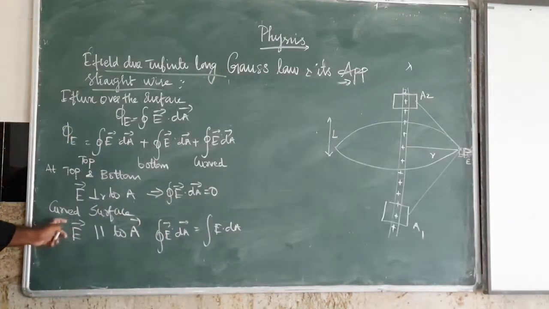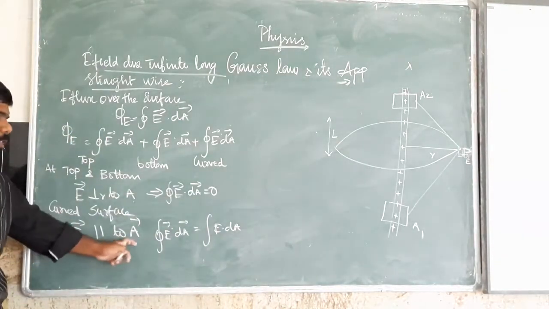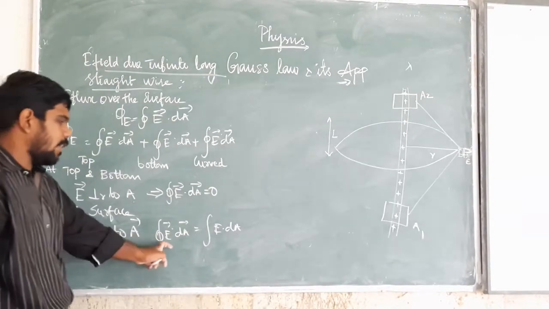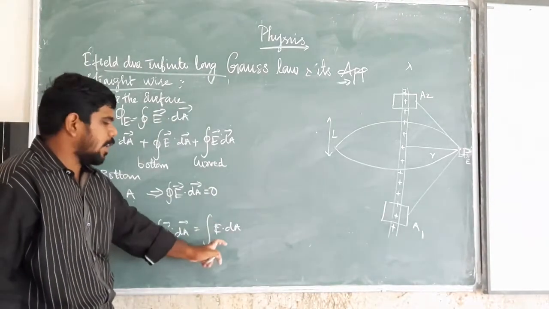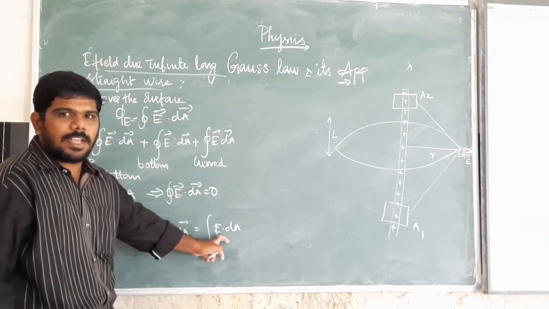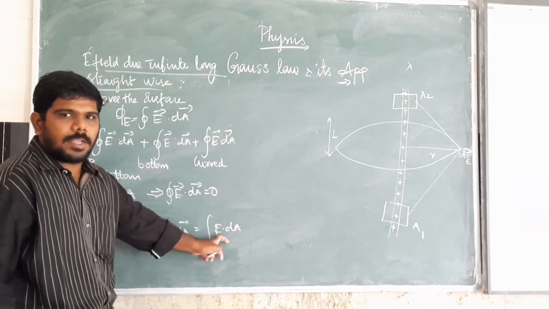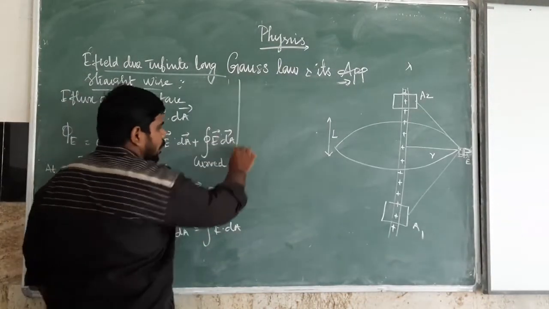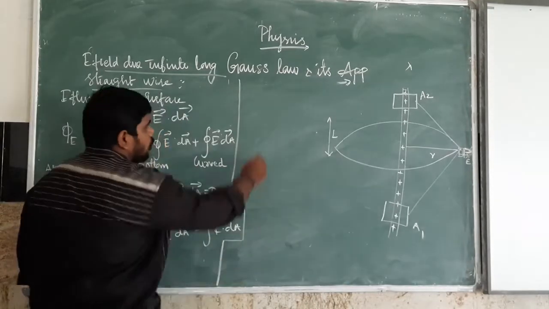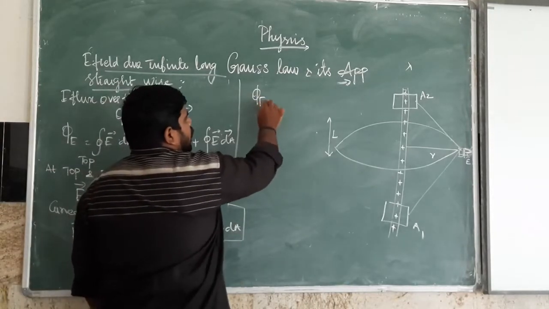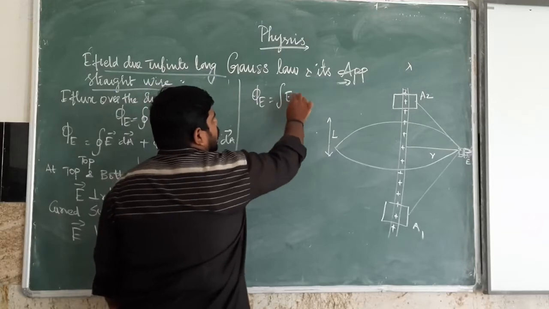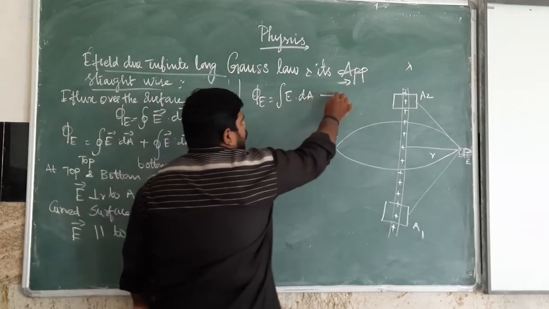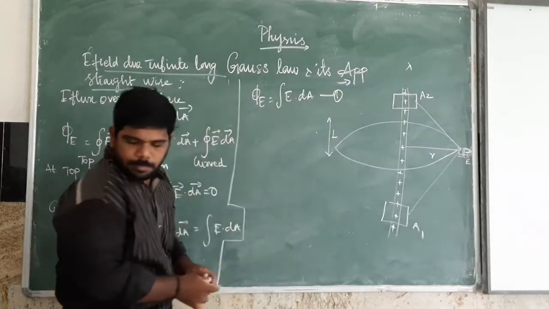For the curved surface, the electric field will be parallel to the area component, so the integral is the curved integral of E dot dA. Clear? So if we substitute this, total flux is phi of E equal to the integral of E dot dA. Take this as equation number 1.